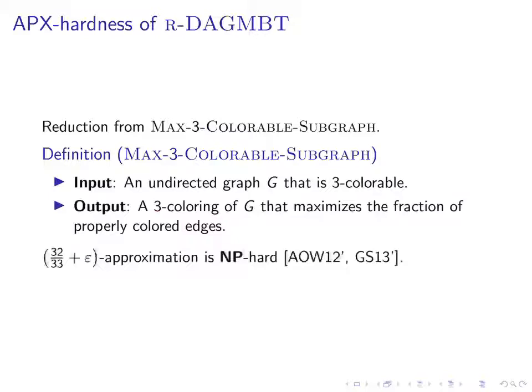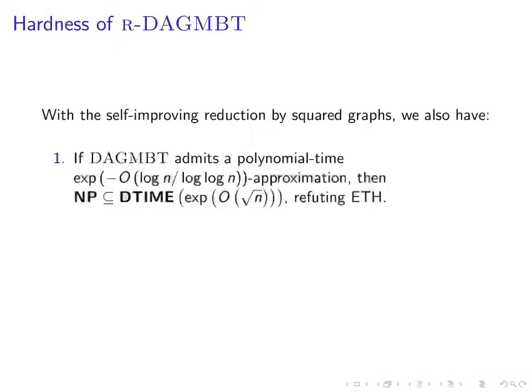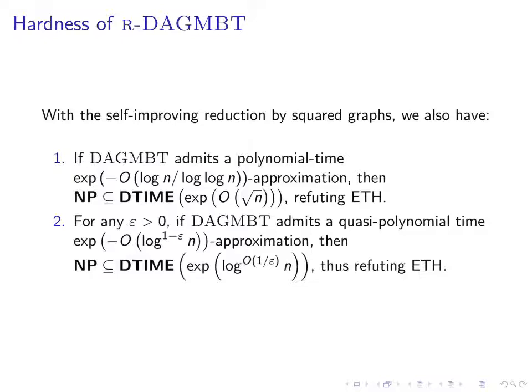And we show that if there is a p-test for rooted DAG-NBT, then there is a p-test for max 3-colorable subgraph. With the self-improving reduction by squared graph, we also have the following. Assuming ETH, DAG-NBT does not admit a polynomial time or a quasi-polynomial time sub-polynomial approximation.